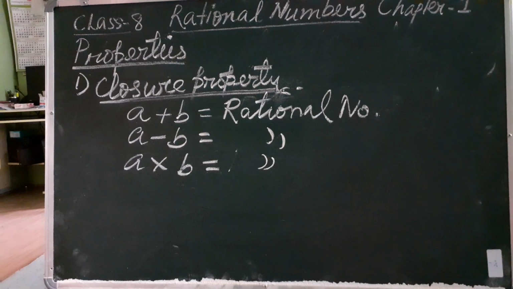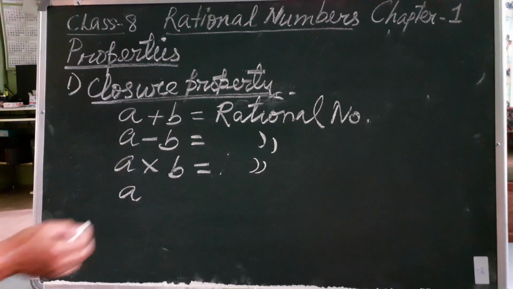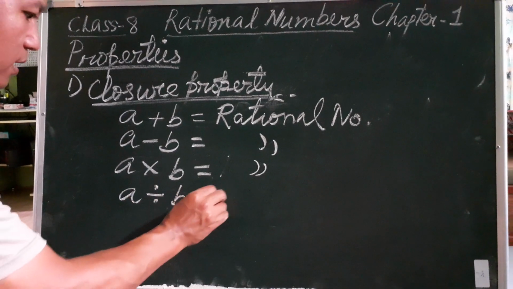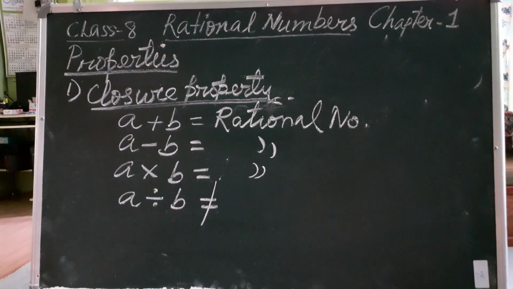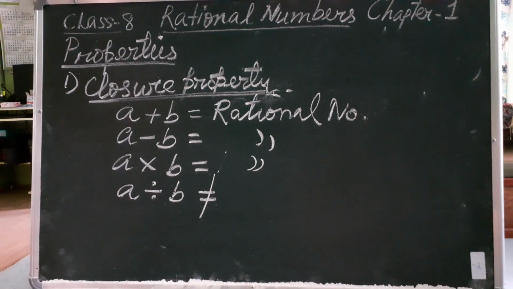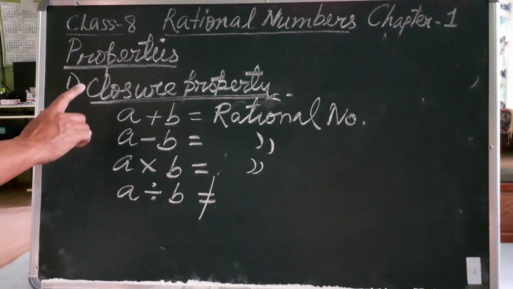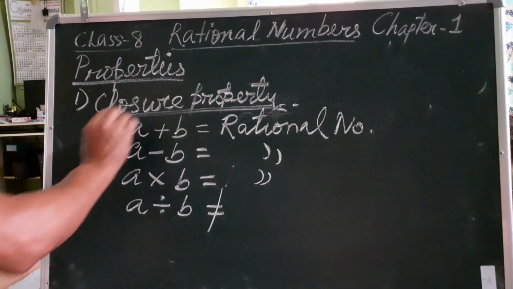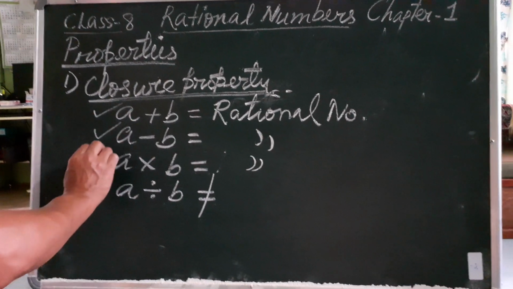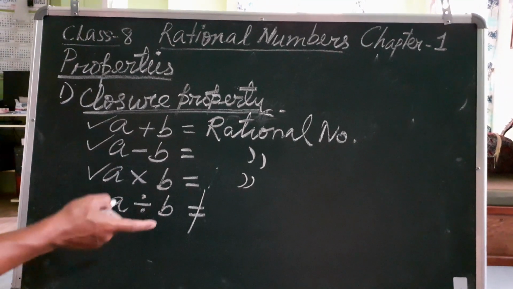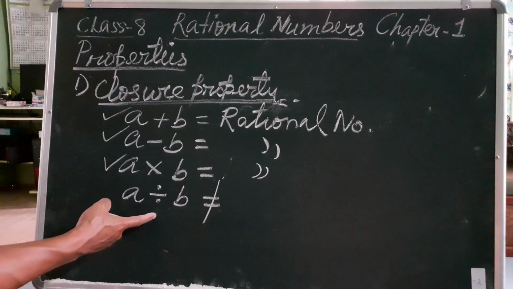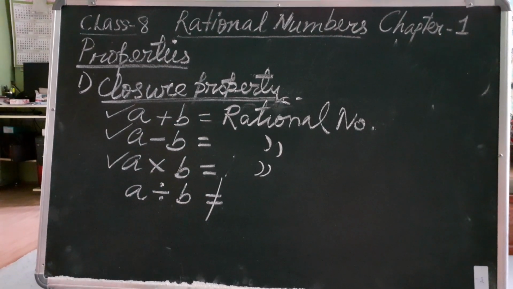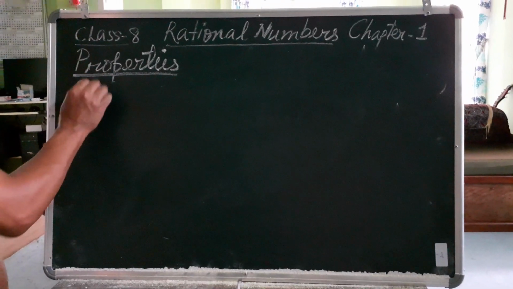Closure property. A divided by b doesn't necessarily give a rational number. So we can say that closure property is true in case of addition, subtraction and multiplication, but it is not always true in case of division.